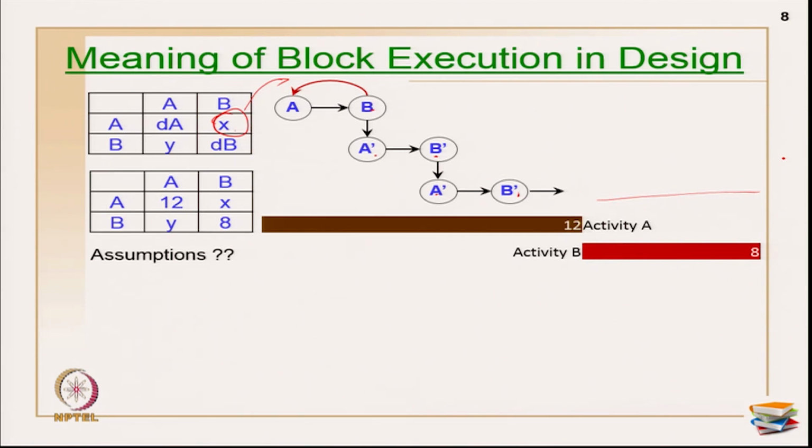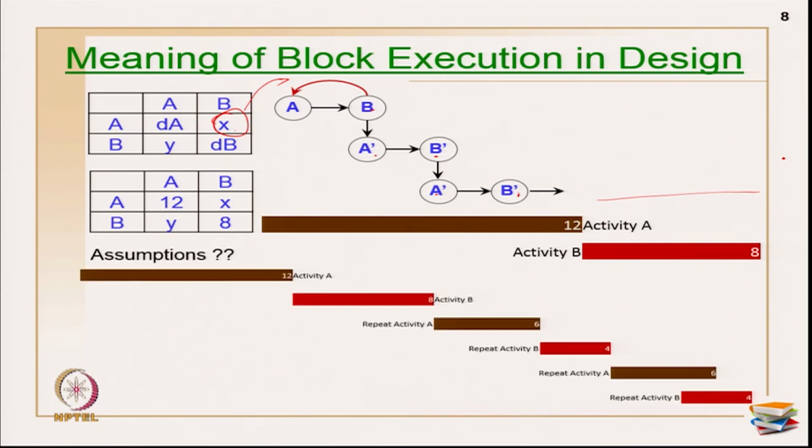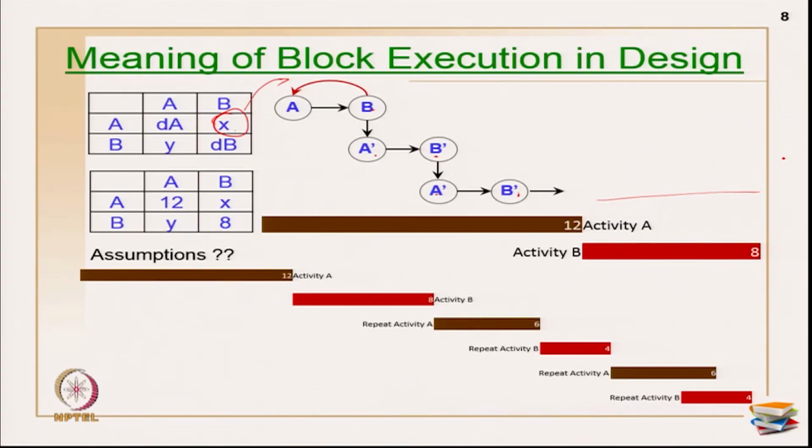Now there are some assumptions to be made. Number one assumption I have made is that the repetitions of the activities take half of the original duration only and stop at 3 rounds. If that is the case, then this will be my duration. So this is hardly 10, 10, 20, and this is 20.